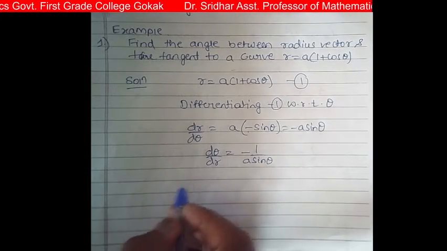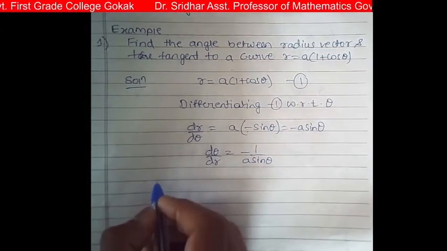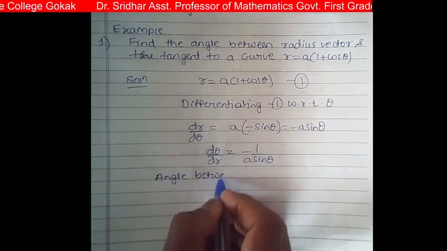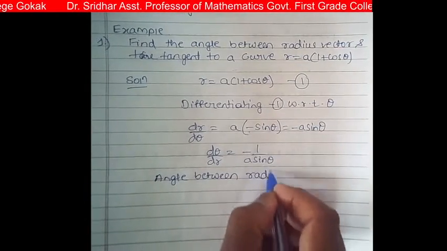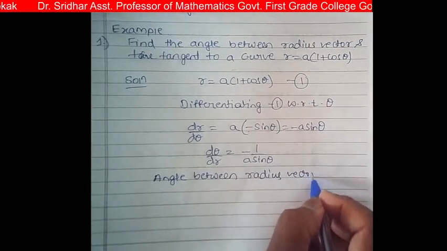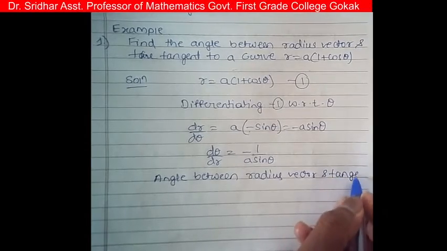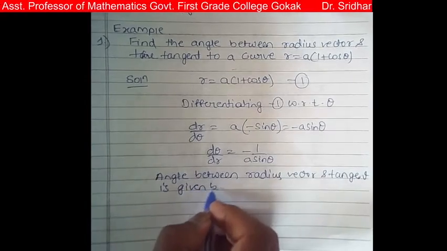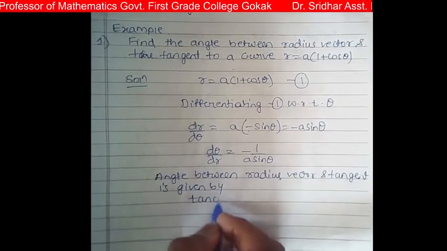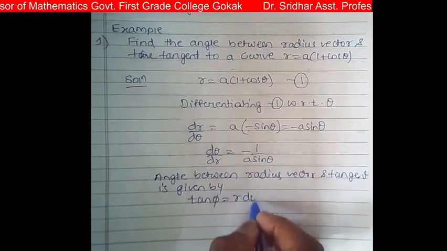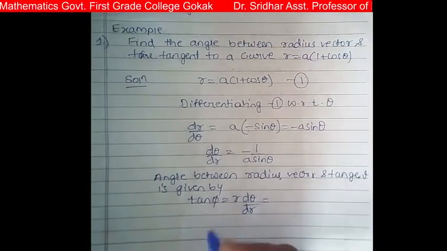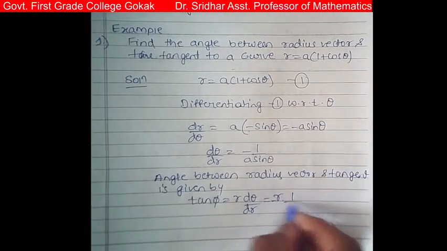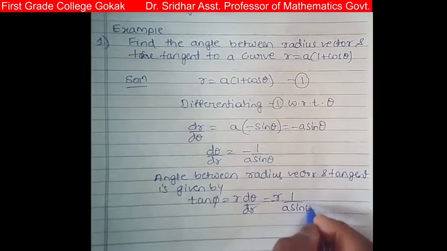Now the angle between the radius vector and tangent is given by tan phi is equal to r into d theta by dr, which is equal to r as it is, times d theta by dr, which is minus 1 divided by a sin theta.